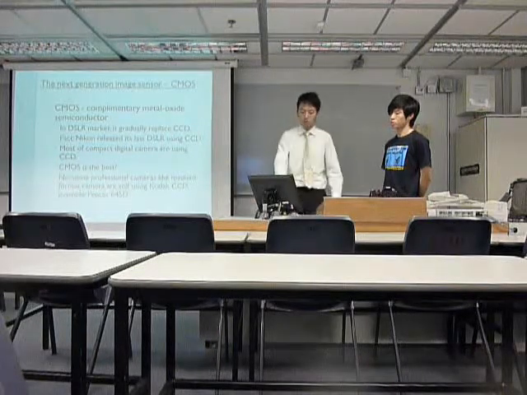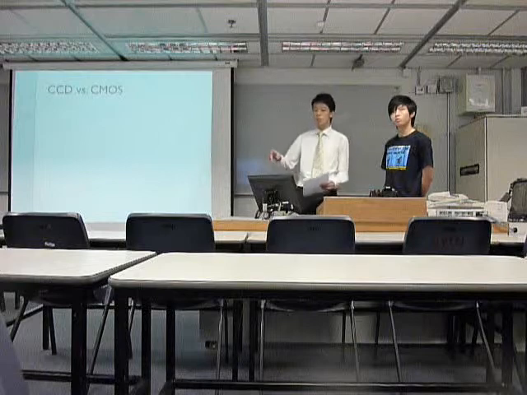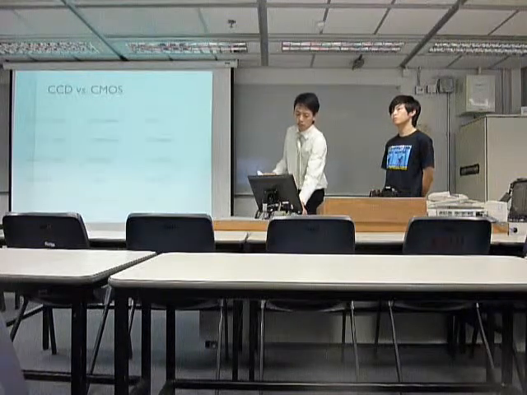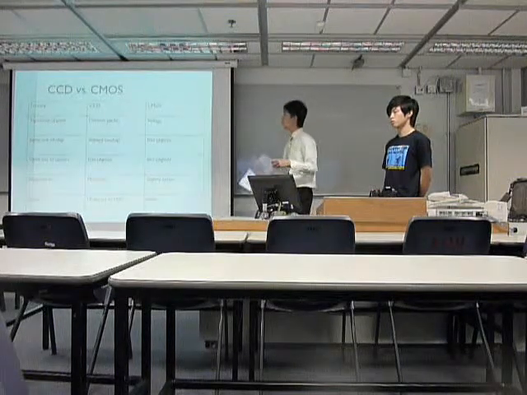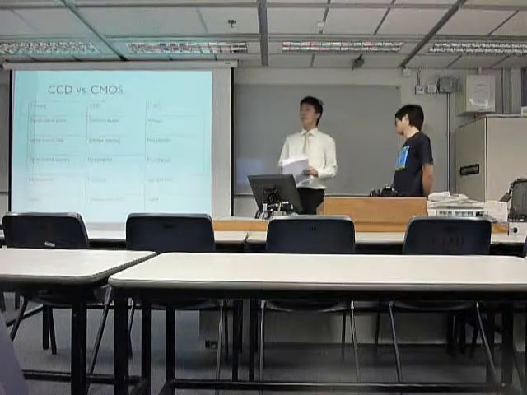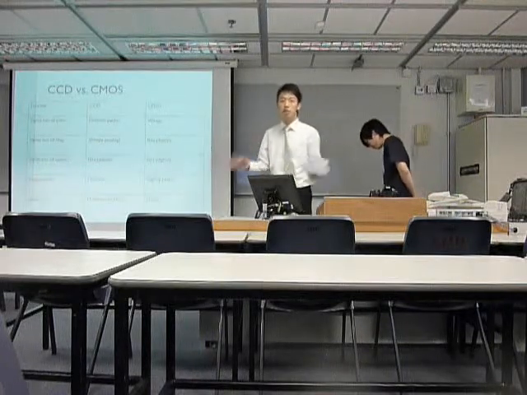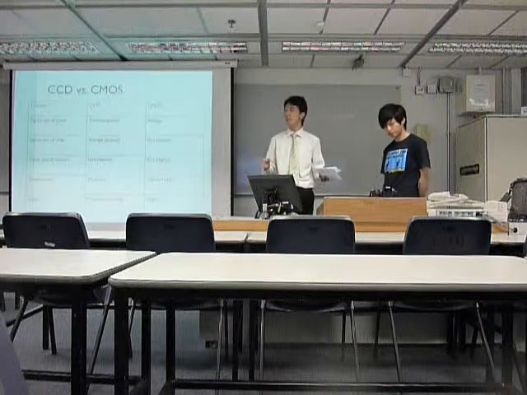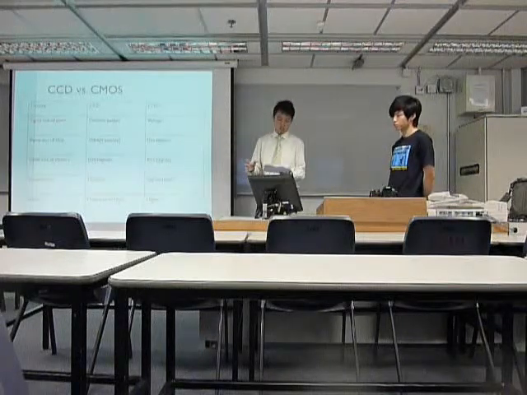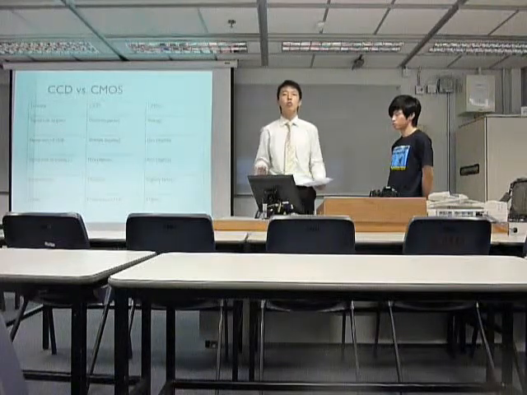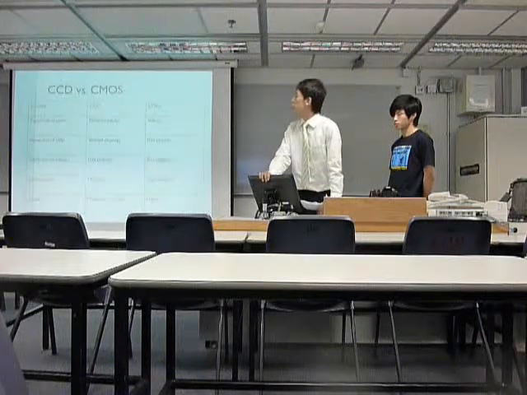There's an example. When CCD is compared to CMOS, the major difference is that in CCD, every pixel's charge is converted and centralized, or even buffered in a limited number of output nodes, so the output uniformity is higher than CMOS.